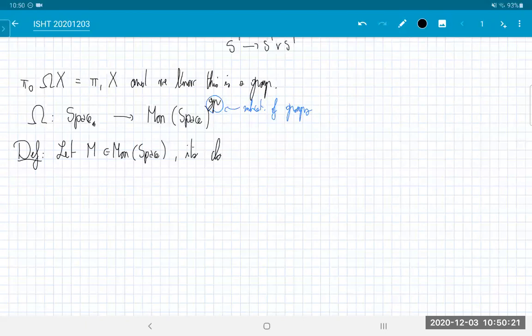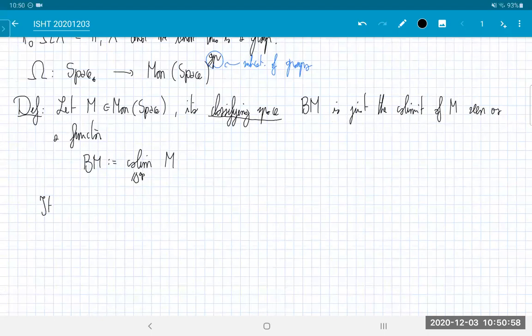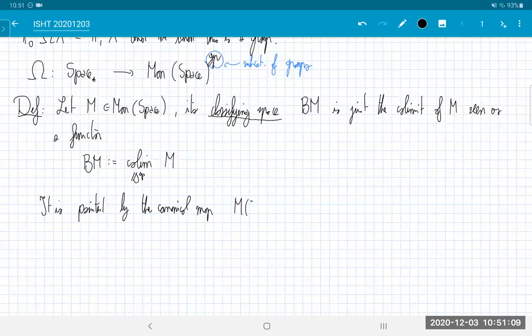Its classifying space BM is just the colimit of M seen as a functor, and it is pointed by the canonical map M(0), which is the point, inside the colimit.